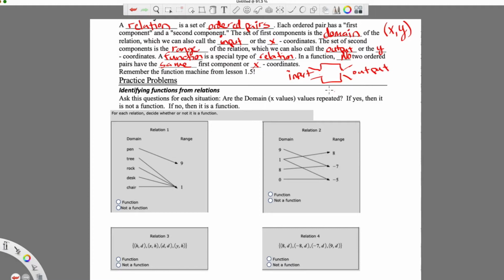So with a function machine, if I input a number and I get one out, say if I input 2 and I get 3 out, because there's some kind of equation happening in here, if I put 2 in again and then I got 4, well, something's wrong with my machine. That's not working correctly, right? If I put 2 in again, I should get 3 each time. I shouldn't be getting a different number.